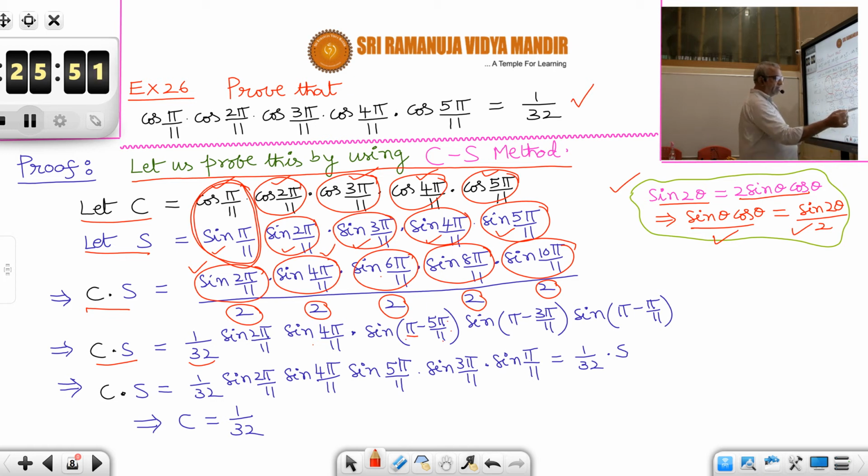And similarly, sin 8 pi by 11 can be written as sin of pi minus 3 pi by 11. And 10 pi by 11 can be written as pi minus pi by 11. But what is sin of pi minus theta?